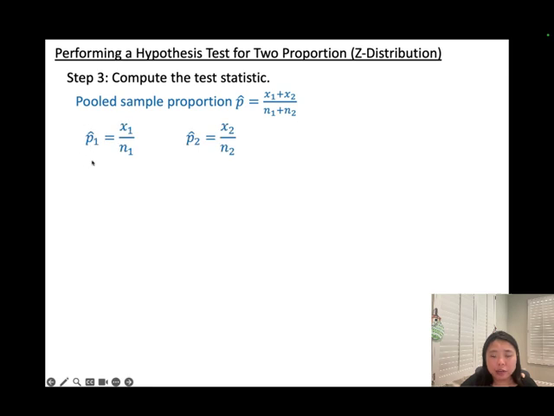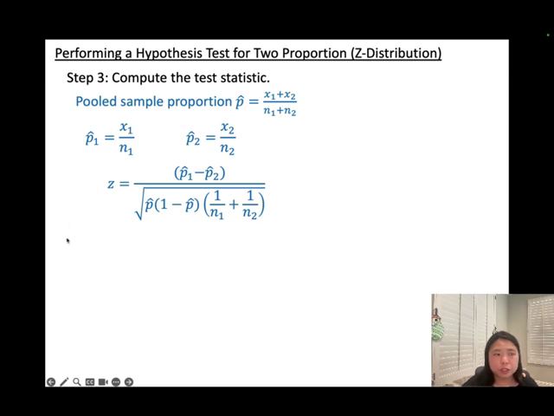And then you could calculate the p1 hat and the p2 hat. Then you could find the test statistic: p1 hat minus p2 hat over the square root of the pooled proportion times 1 minus the pooled proportion, and then times 1 over n1 plus 1 over n2. That will be the test statistic.